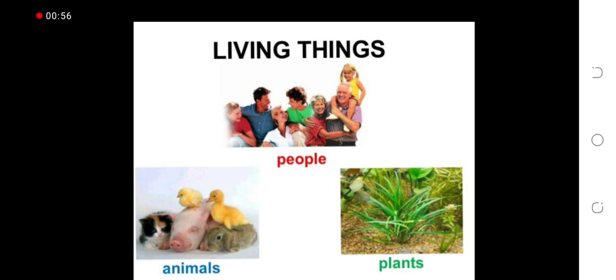Basically, living things are divided into two main groups. One is animals and the other is plants. And as I told you earlier, humans are also animals. So, living things are animals, plants, and people.